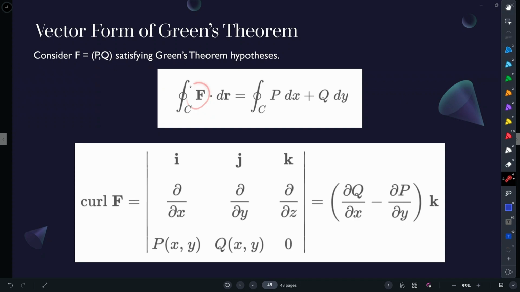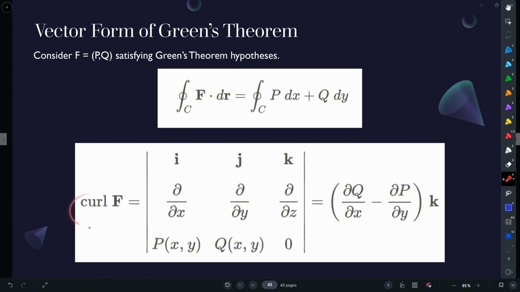If you think of this vector field as a vector field in 3 dimensions where the z coordinate is 0 everywhere, then you can take the curl of f, and it gives you this quantity that appears in Green's theorem.